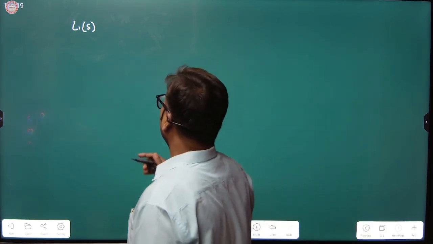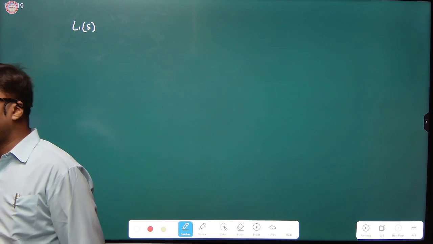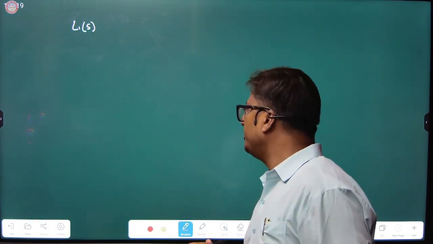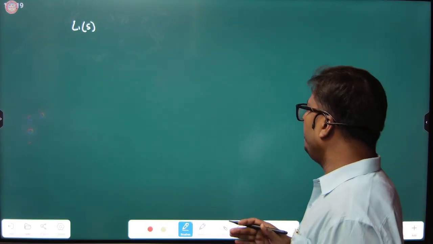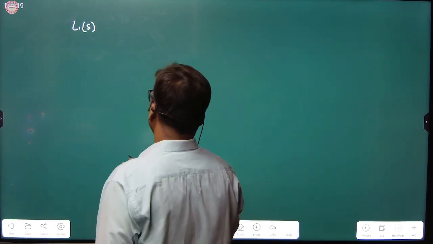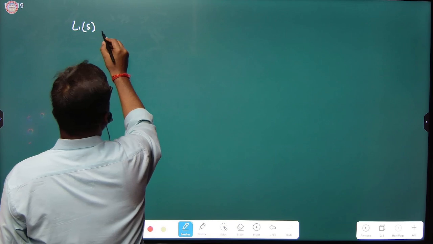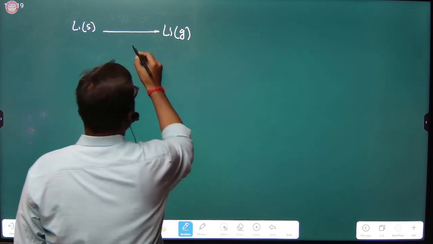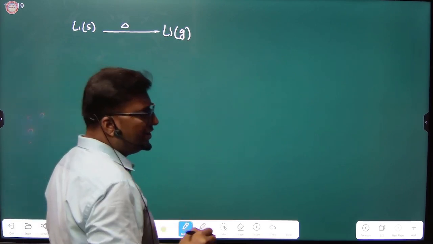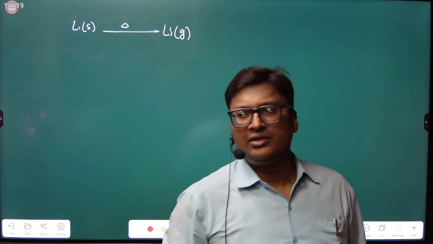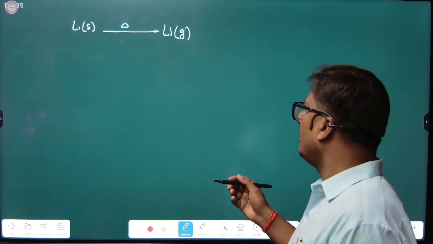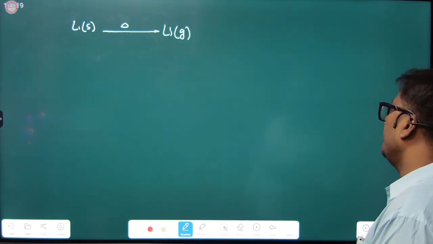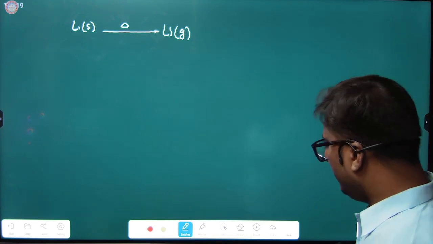So before removal of the electrons, the lithium solid metal should be converted into isolated gaseous metal. This is generally done under the application of heat.